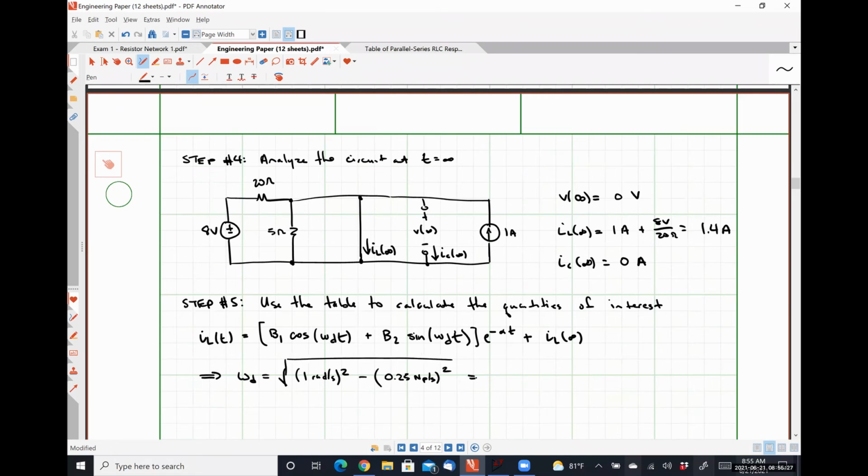And so if I do that math, I get 0.968 radians per second.